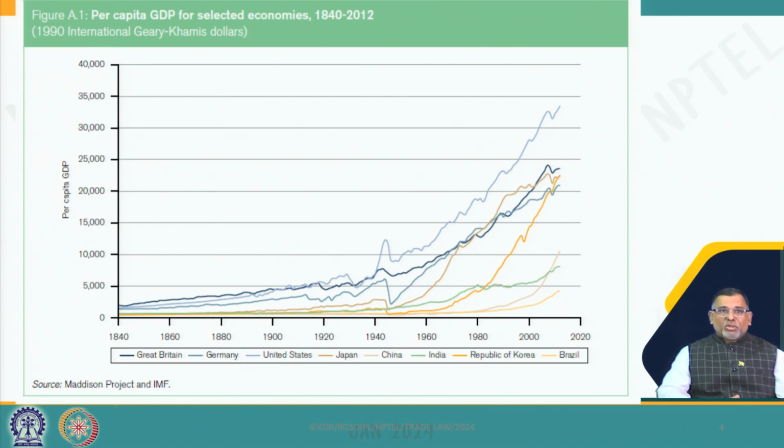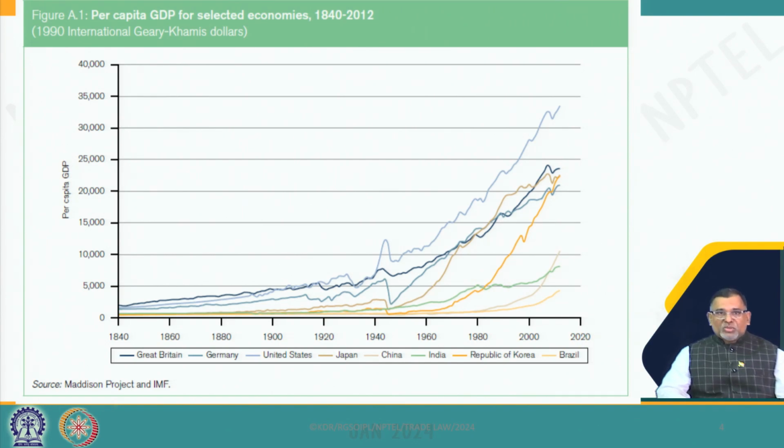When we look from 1840, you can see the graph is very low even up to the 1950s and 1960s. But from the 1970s onwards, especially after the 1950s, you can see all the graphs going up.